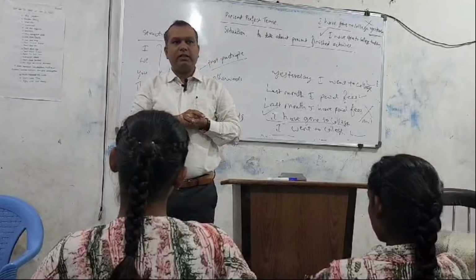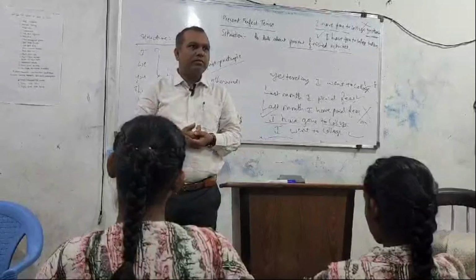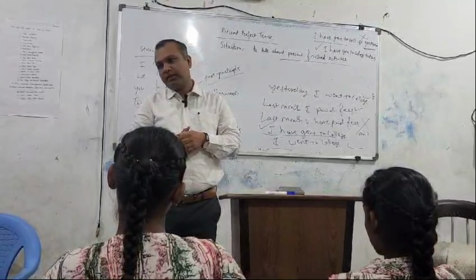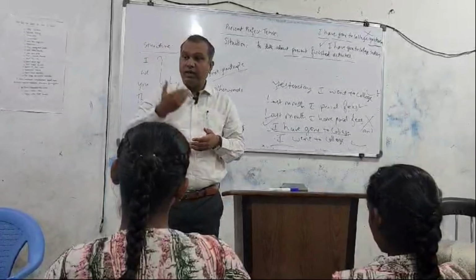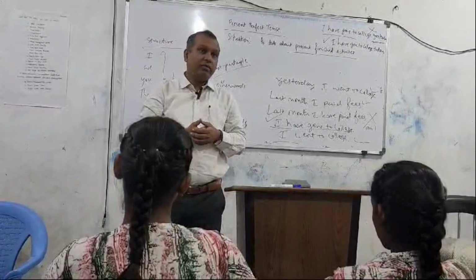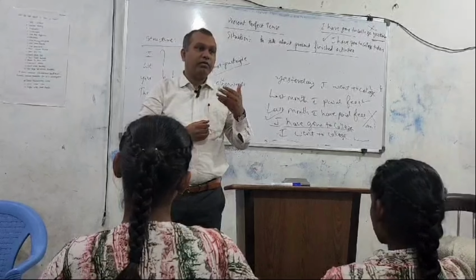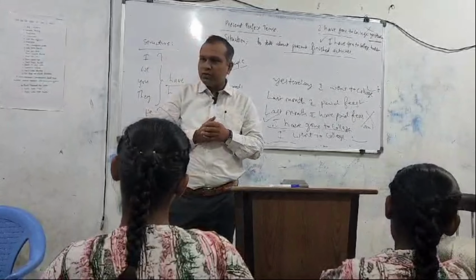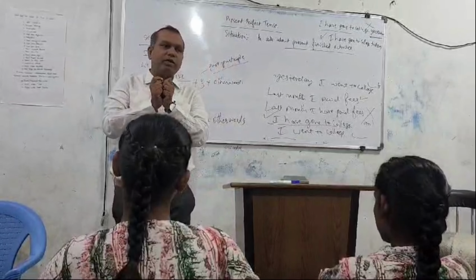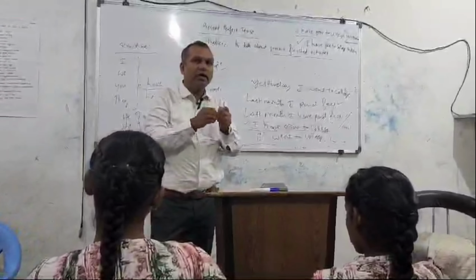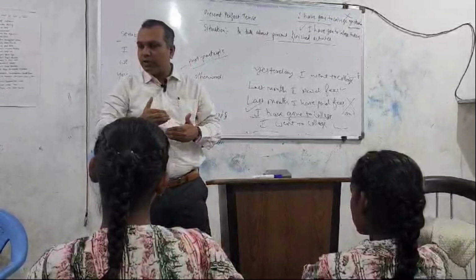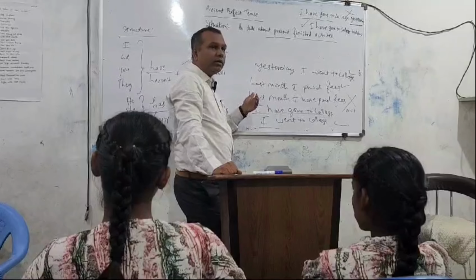I have purchased a car means just recently, I mean 2 3 days back, I purchased it. I purchased a car means maybe most probably 3 4 months back, or 1 year back. So simple past we use when the action is not connected to the present time. When action is connected to present situation, present perfect tense is used.